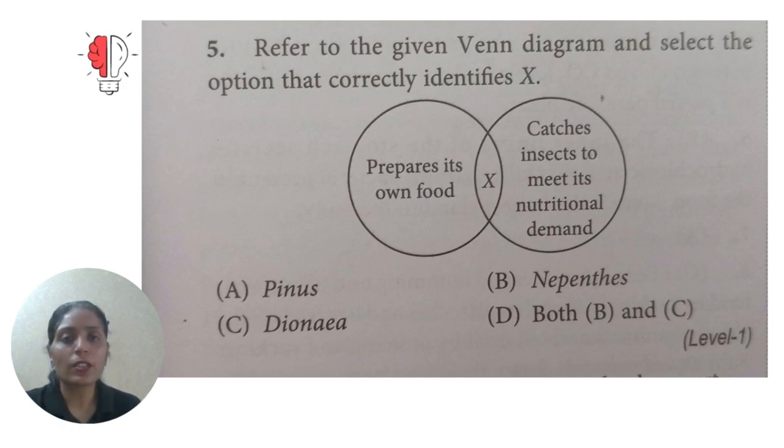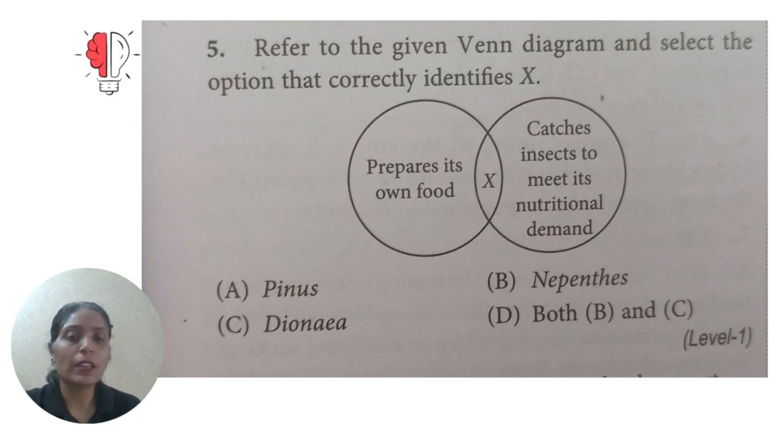Then the common region is X, means X is both autotrophic, which can prepare its own food, and heterotrophic, which captures the insect. Let's read the options. Option A is Pinus. Pinus, we know, grows in mountain regions and it's a proper tree which does photosynthesis. So it's a purely autotrophic plant.